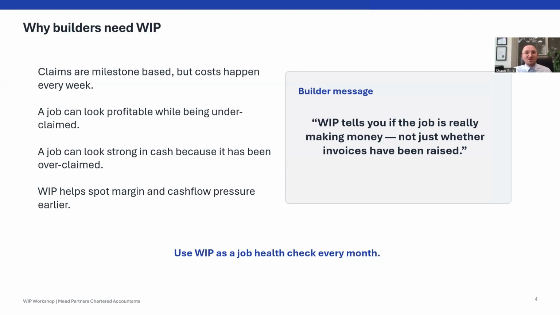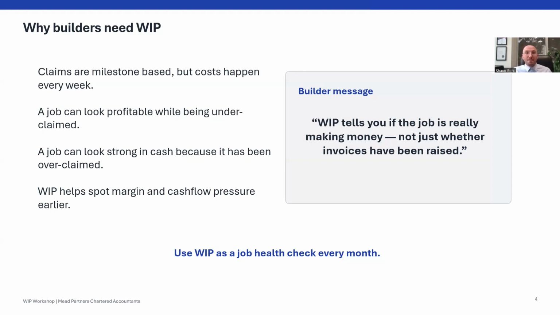One of the reasons WIP matters is it gives a truer picture of the job and the business. Recording WIP monthly gives you insight into cost control and cash flow forecasting, and provides a truer picture of the profit and loss and balance sheet.